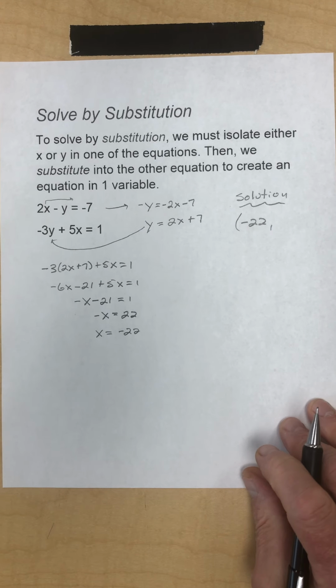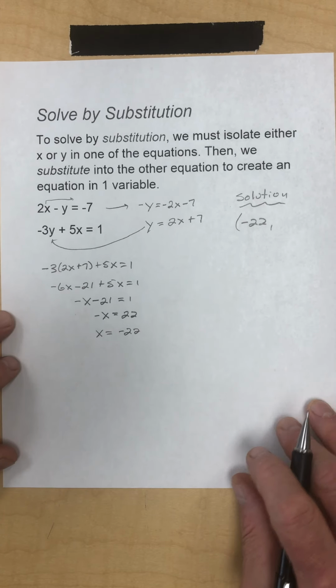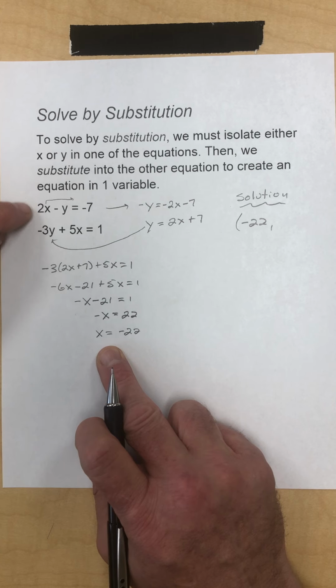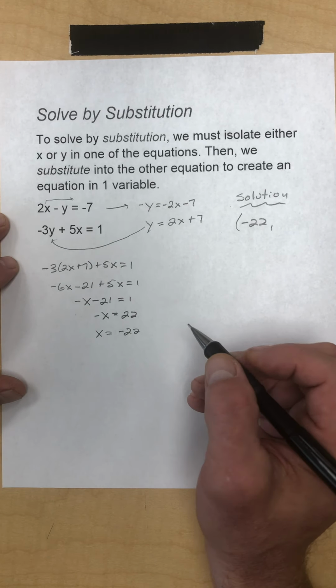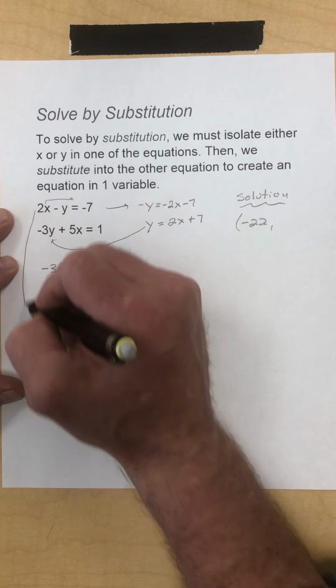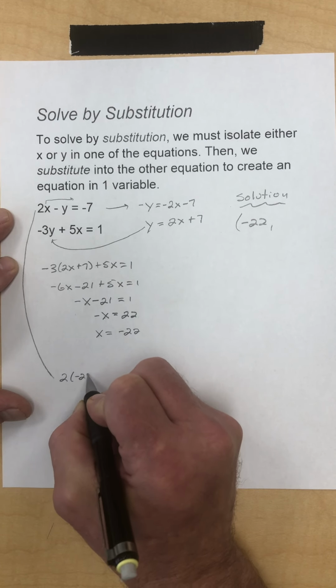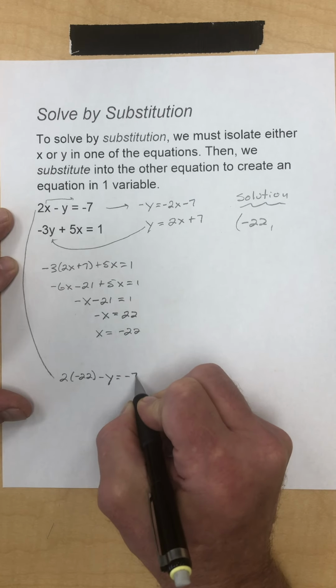All right, so I've got to generate my y coordinate, so I would want to take this x equals -22 and substitute it back into either one of these equations to come up with my y coordinate. I'm going to take the first one. So I get 2 times -22 minus y equals -7.